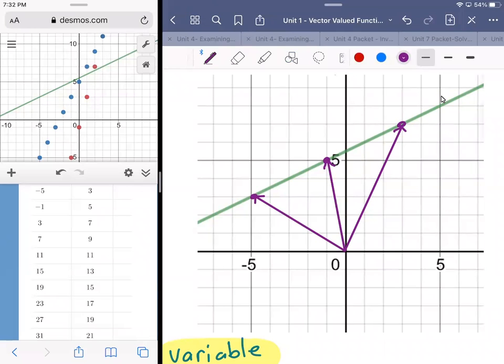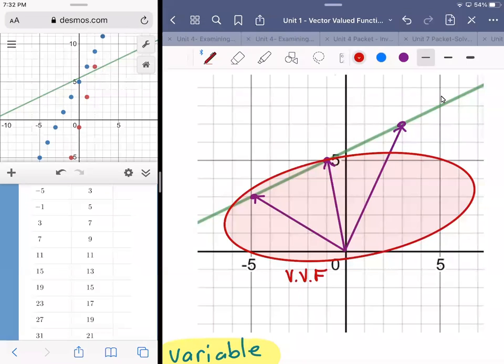And what we're getting at is the fact that the vector valued function, which is represented by these, this is your set of vector valued functions, but what they're doing is they're tracing out a line, right? This is the vector valued function. Each one of these vectors, it just so happens that the ends of the vectors trace out a linear equation, right? So it's kind of a different mindset.